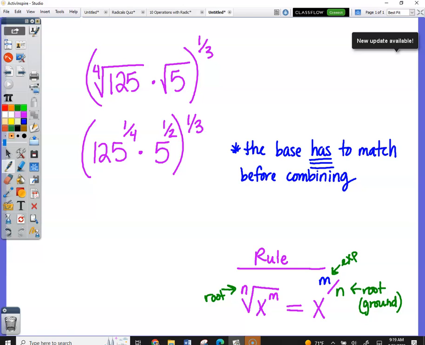It's already raised to the 1/4 power. So when I rewrite this as 5 cubed, that is already raised to the 1/4 power, then I can write it as 5 to the 3/4. Does that make sense?